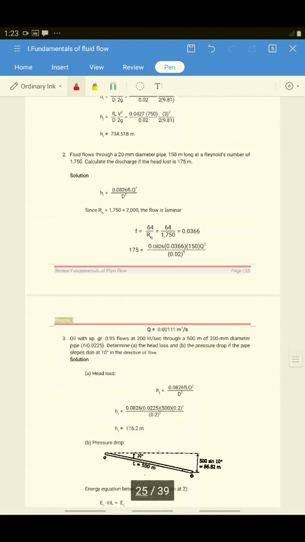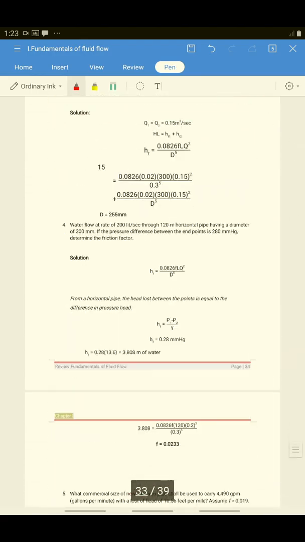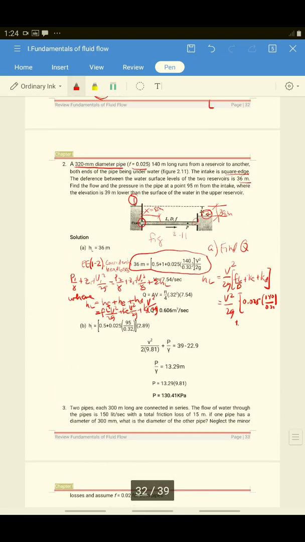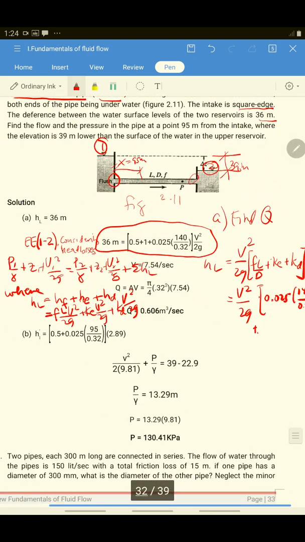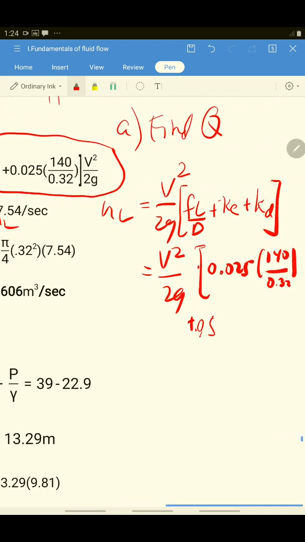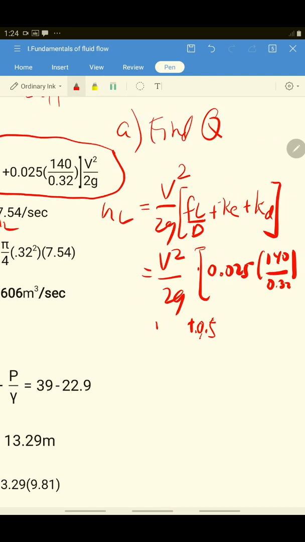Then we substitute it here, that is 0.5. Then the coefficient of discharge is equal to 1.